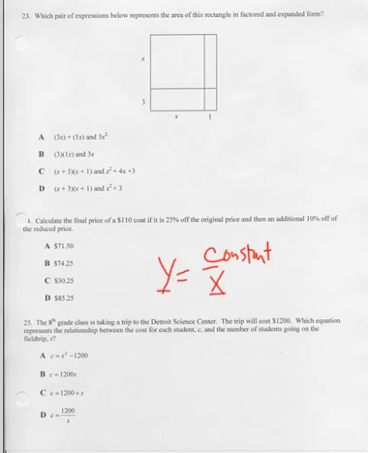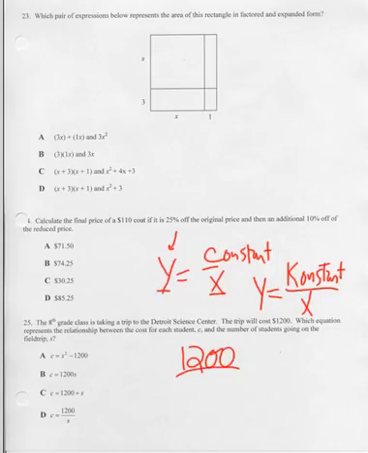But in this problem, there is a c, but the c in this problem goes over here. So we can refer to the equation as the constant with a k, and I know it's not spelled that way, over x. I just don't want to get confused with the c's. So in this case, we have the cost is $1,200, right? And then here's our cost, and then we have the amount of people going is S for students.